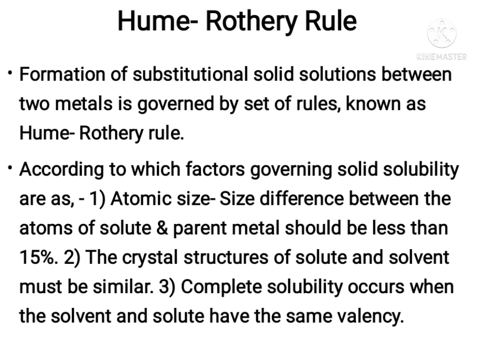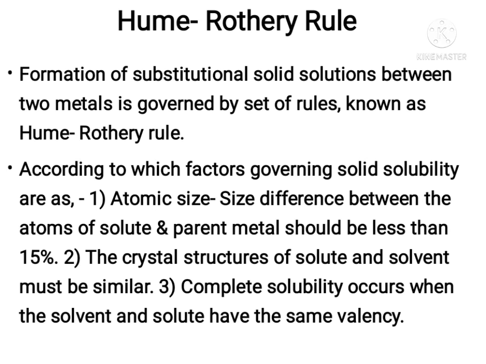According to this rule, formation of a substitutional solid solution between two metals is governed by a set of rules known as the Hume-Rothery rules. The first factor which affects the solubility of a solid solution is atomic size. The size difference between the atoms of solute and parent metal should be less than 50%.